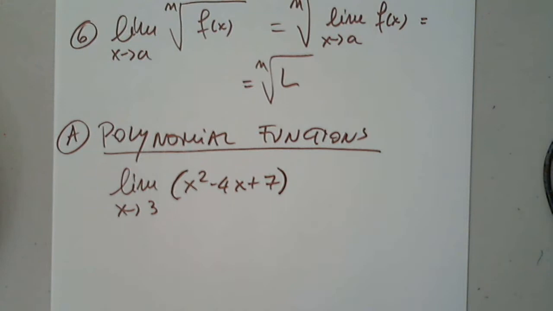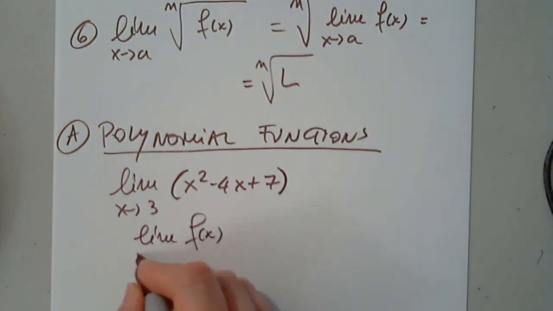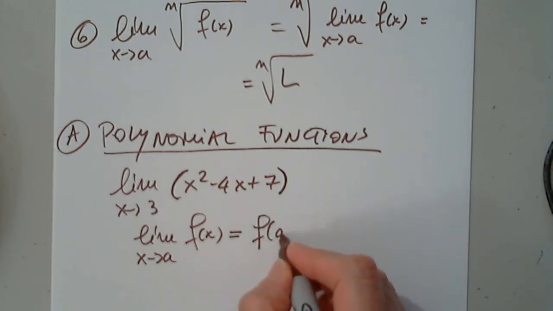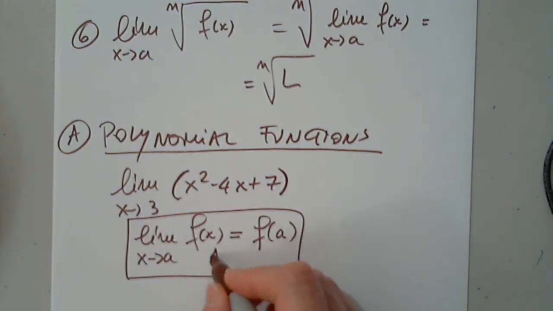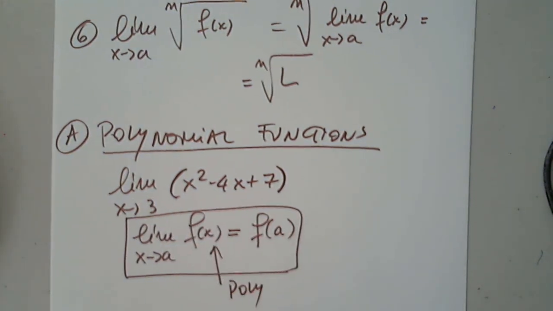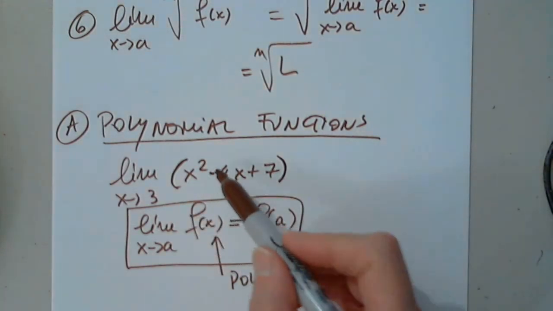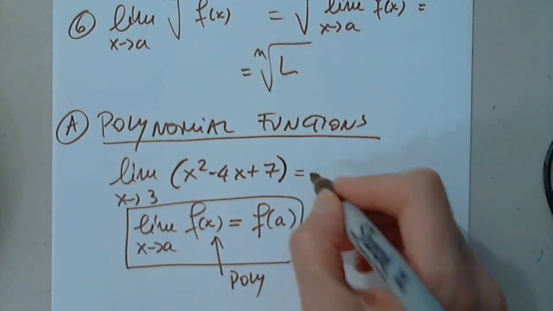For polynomial functions, the limit as x approaches a is the simplest possible situation. When this is a polynomial, what does it mean? Plug it in. Because there is never a problem with polynomial functions. They're friendly, smooth functions. Just plug it in and give me the answer.